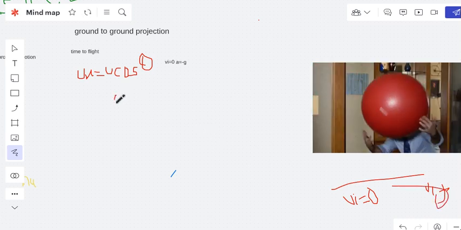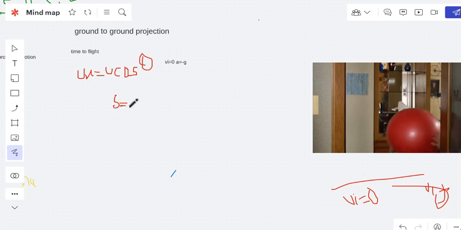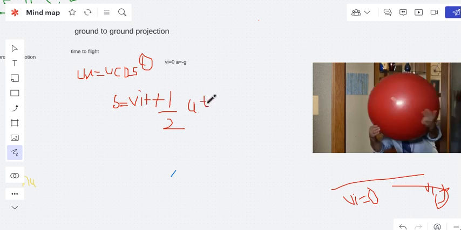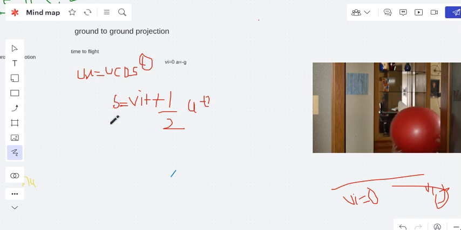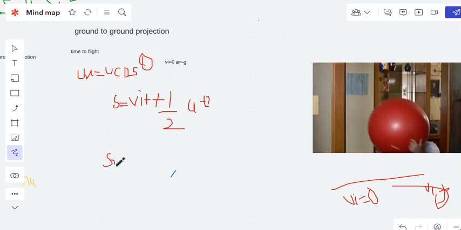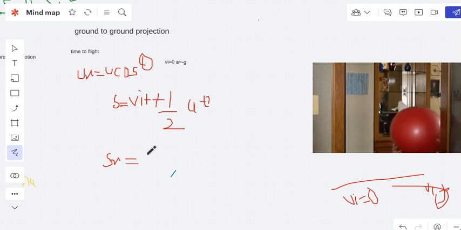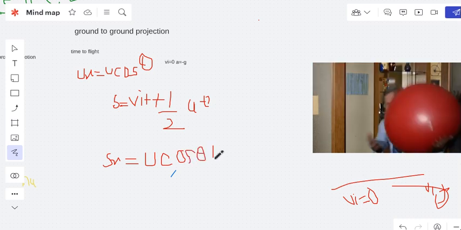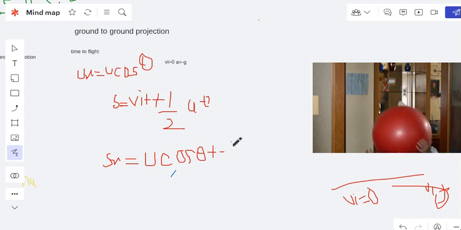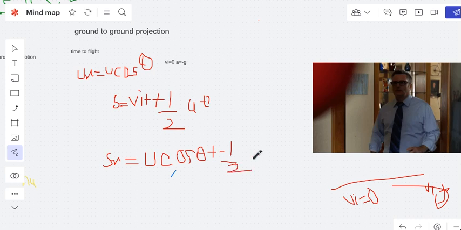So now I'm writing an equation here, which is S is equal to ut plus 1 upon 2 a t square. Let's write this data here, which is Sx is equal to U cos theta t minus 1 upon 2 g t square.